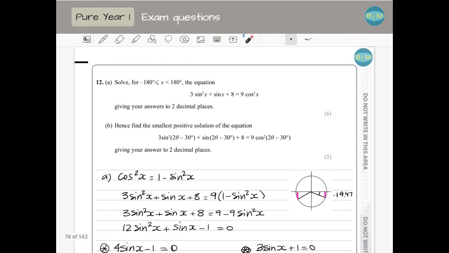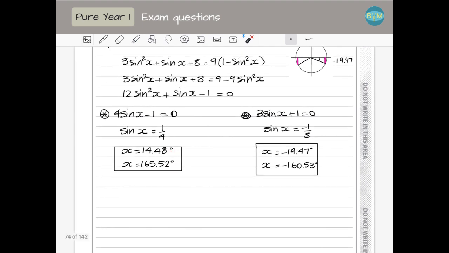Then they say hence, using what we just learned. Don't forget, hence means you should use this part of the question. Find the smallest positive solution of the equation. Now I have the same equation, but instead of x, I have 2 theta minus 30. So all these solutions are going to give me solutions for 2 theta minus 30.